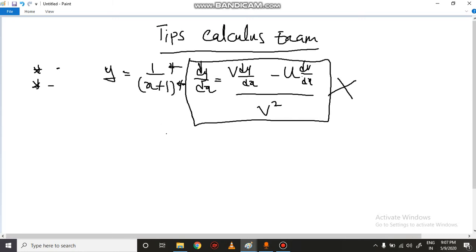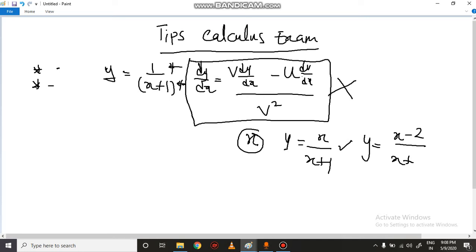Why? This function is not a quotient function because it doesn't have any x at the numerator, so it can't be a quotient function. For example, if this was y equals x over x plus 1, then it might qualify, or y equals x minus 2 over x plus 1.